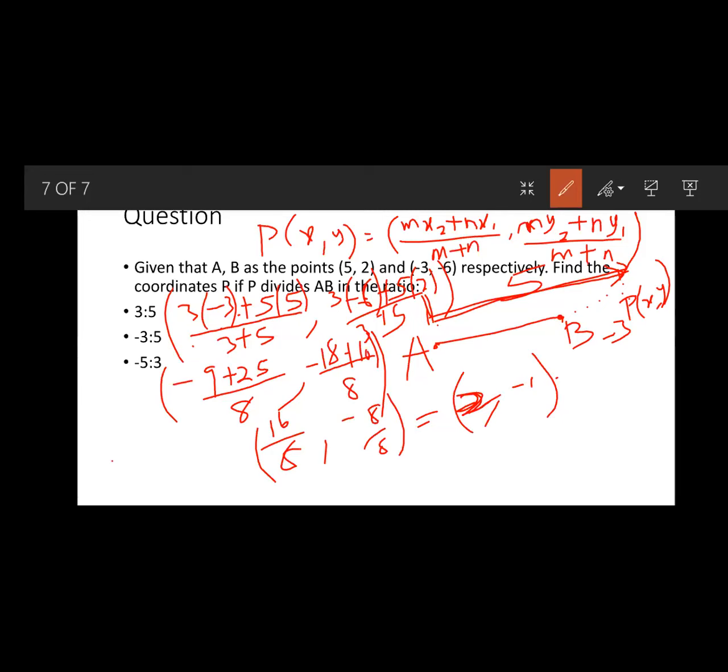The only thing that will be changing in the remaining two would be the values of m and n. For the second one, m will be equal to minus 3. Don't change any formula, the same formula you are using. m equals minus 3, and n will be equal to 5. The other one, m will be equal to minus 5 and n will be equal to 3. So that is where we are going to end the class.